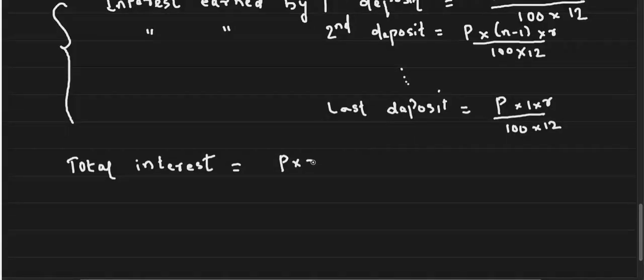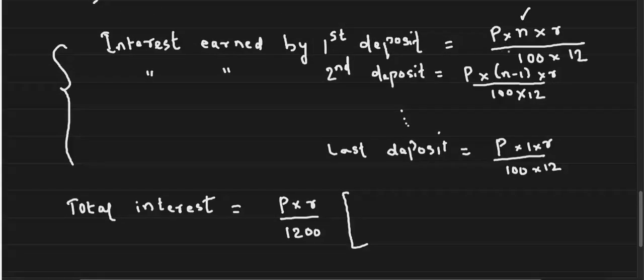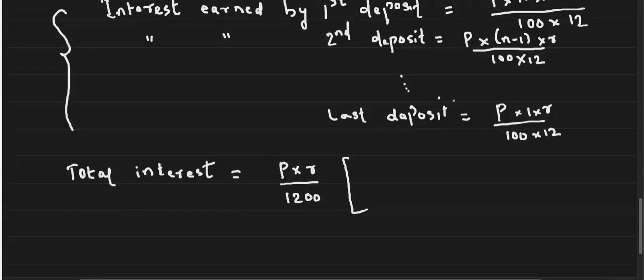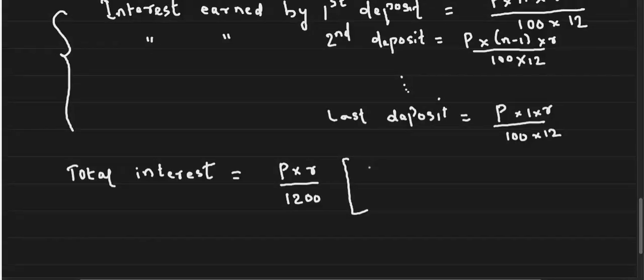So I will take P into R divided by 1200 as common here, and I will put N plus N minus 1 plus N minus 2 until 1 in the bracket. Got it?